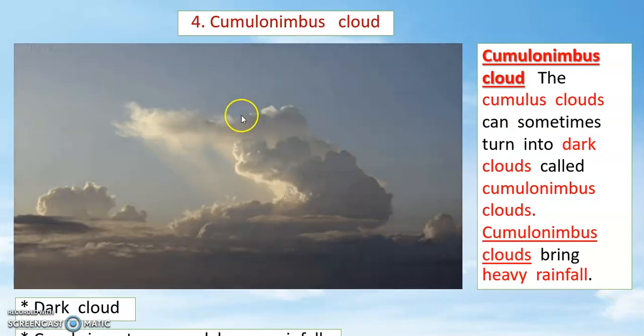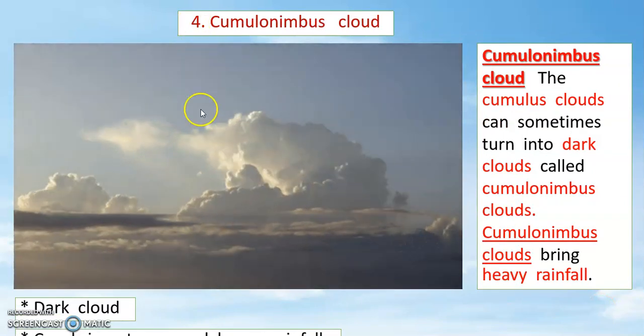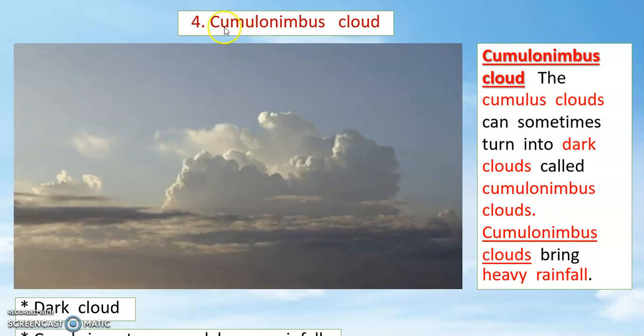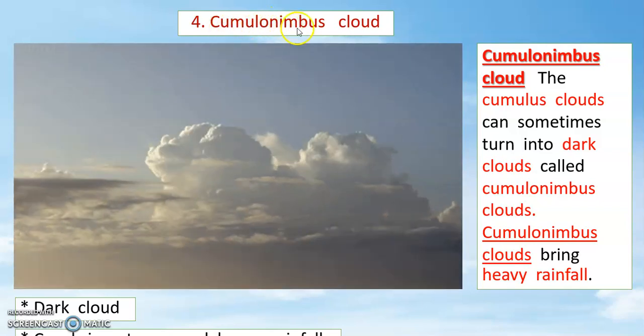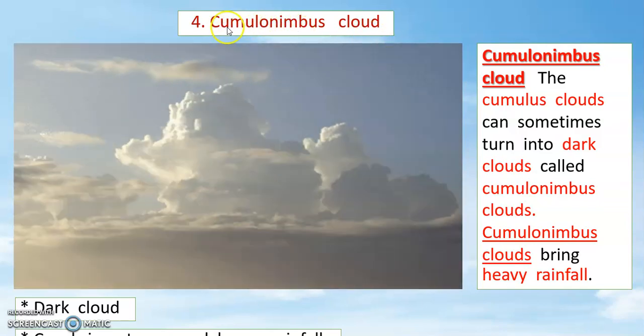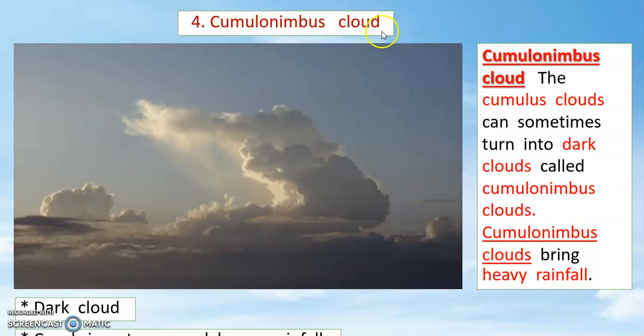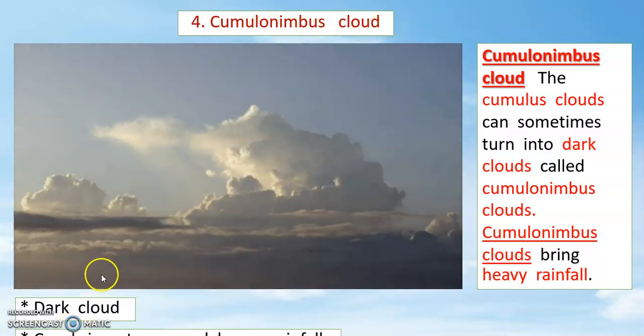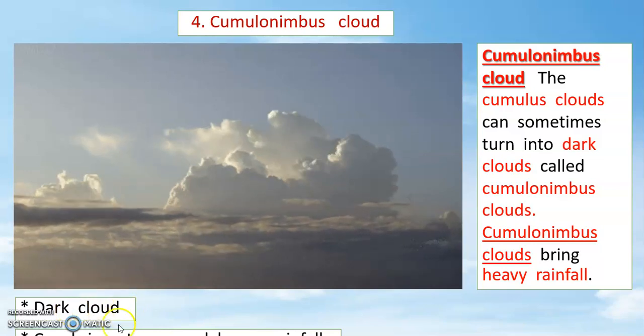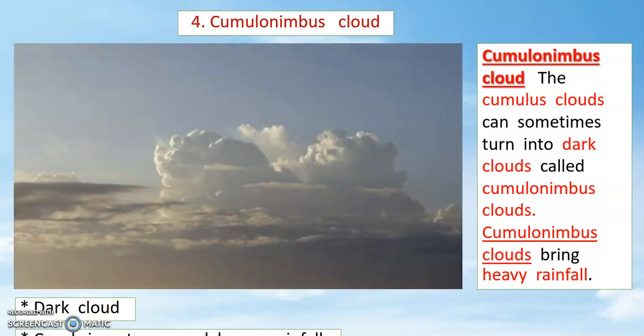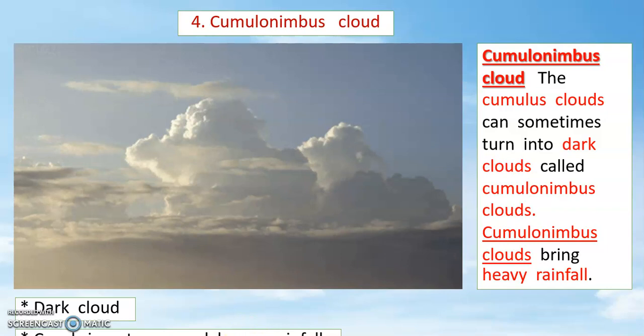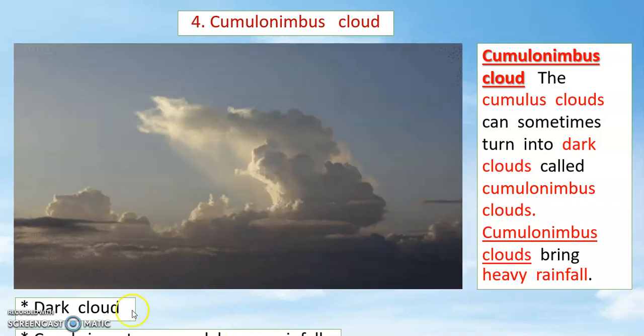And number 4 is cumulonimbus clouds. This cloud is dark and can bring storms and heavy rainfall.